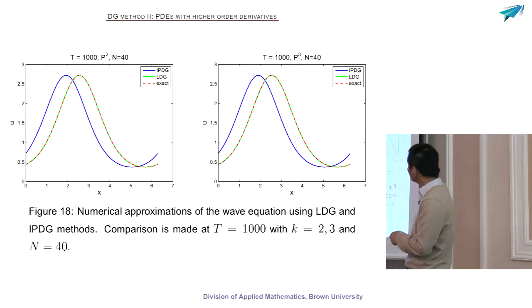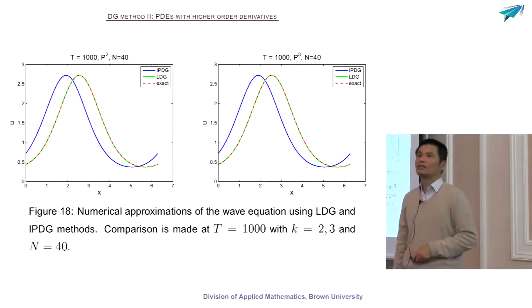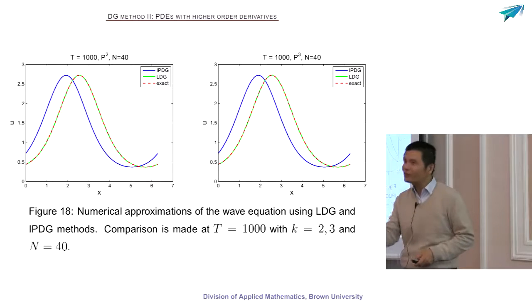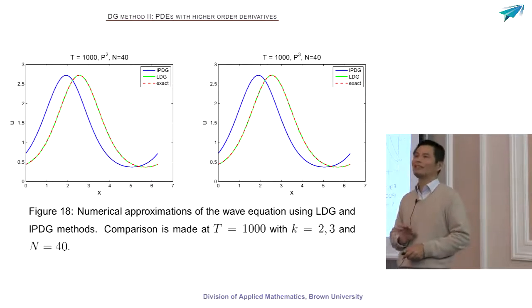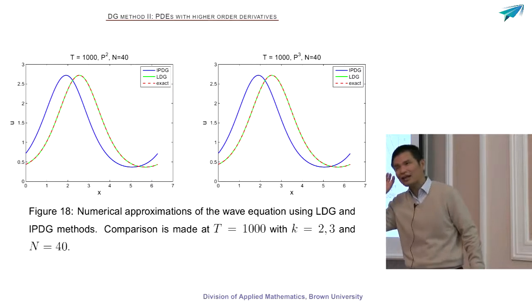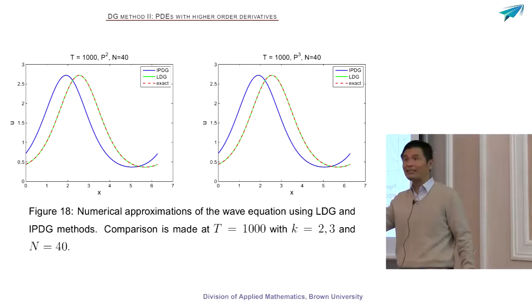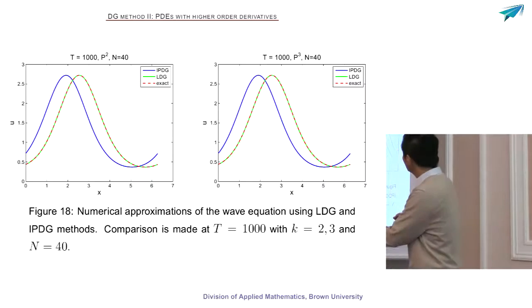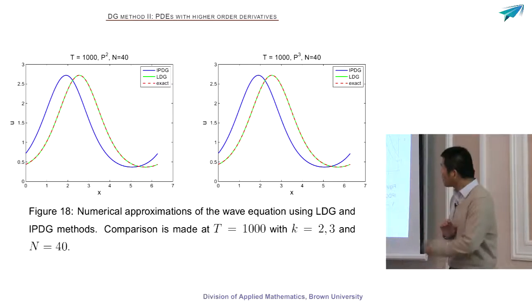But the IPDG has a phase shift. So in other words, the exact maintenance of physical energy seems to be important. This IPDG also maintains energy conservation, but for a different energy. It is an artificially defined energy whose time derivative is constant. But that seems not to be enough. You really need to maintain the physical energy in order to get accurate long-time results. Okay.